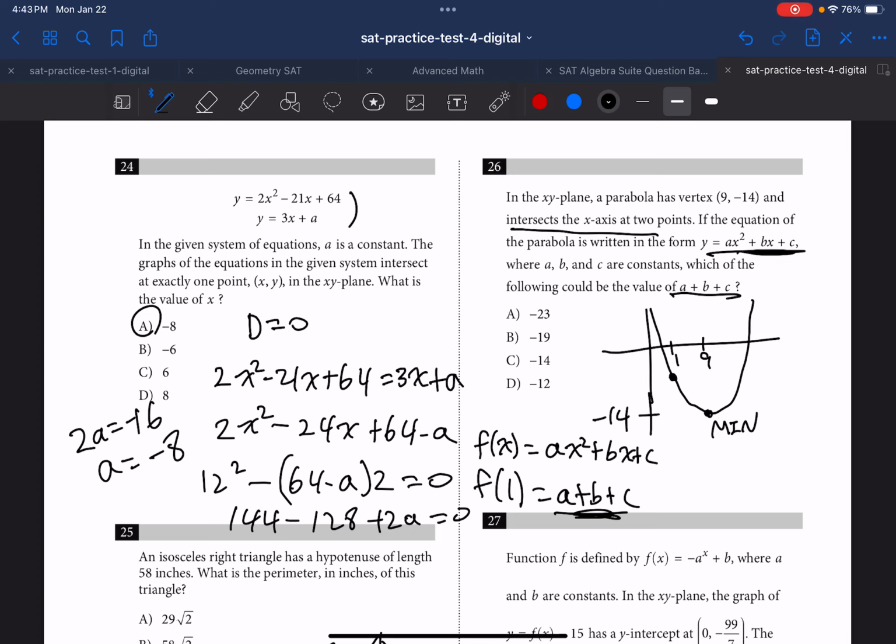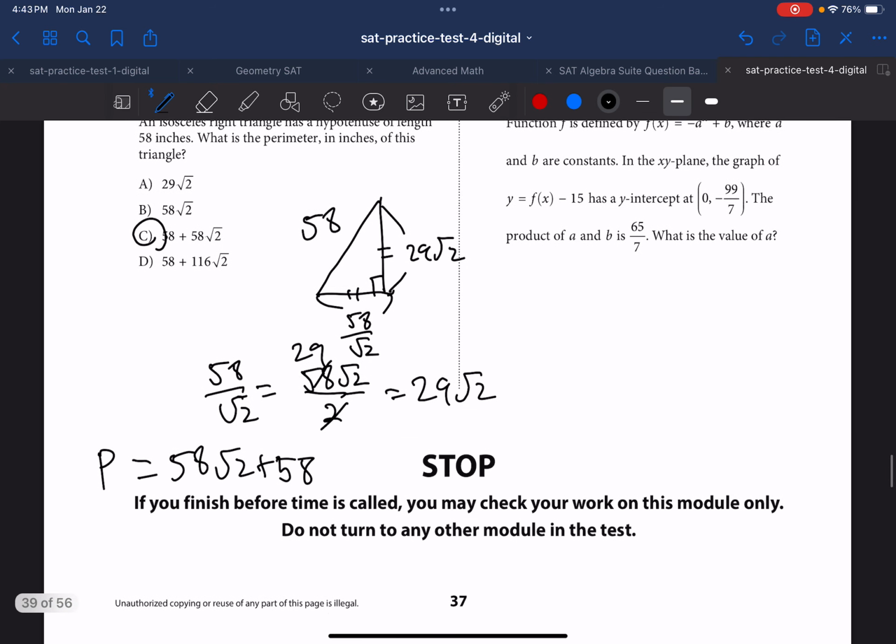But if we look at all the choices, we realize that the minimum value of y is negative 14. So when x equals 1, the value of y should be greater than negative 14. So our final answer is supposed to be D. This is a bit of a hard question. You gotta be creative and think to do it.